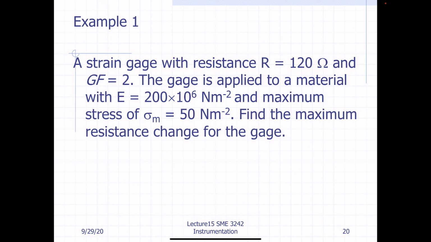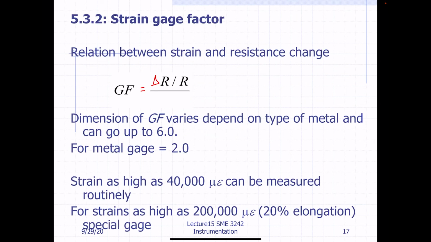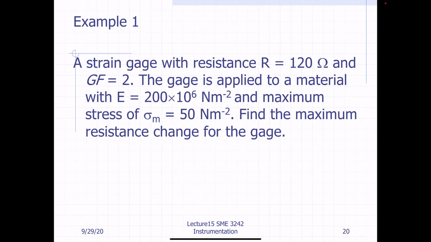Example 1 is how to calculate the maximum resistance change in the gauge. A strain gauge with resistance 120 ohm and gauge factor 2 is applied to a material with Young's modulus 200 meganewton per square meter and maximum stress of 50 newton per square meter. Find the maximum resistance change for the gauge.